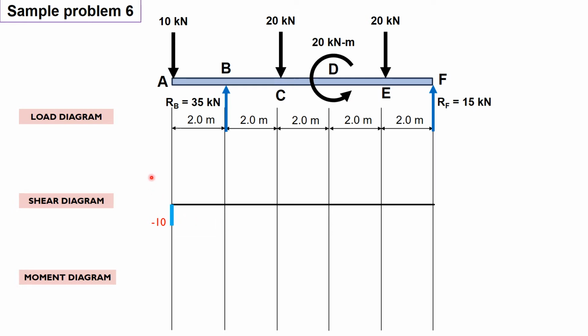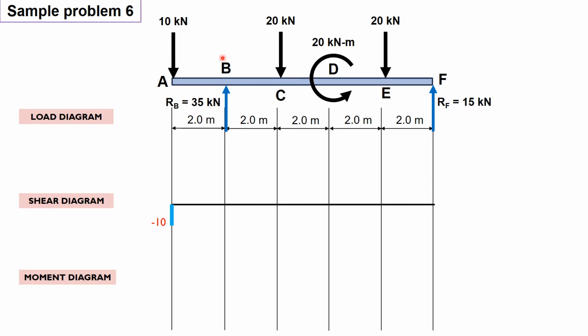So, following the guideline, if between 2 points, or kung sa segment na yon ay walang ibang loads, maliban doon sa load na nasa mga ends nito, o nasa dulo, kagaya nito, between A and B, walang ibang load dito.